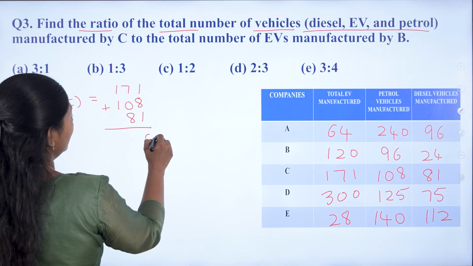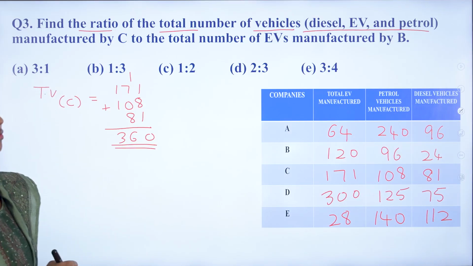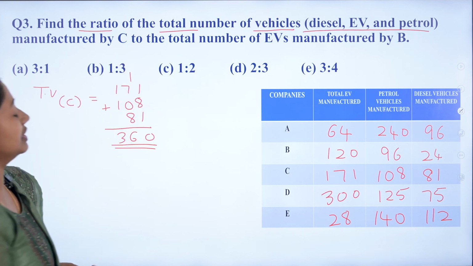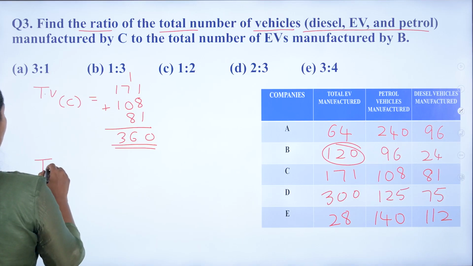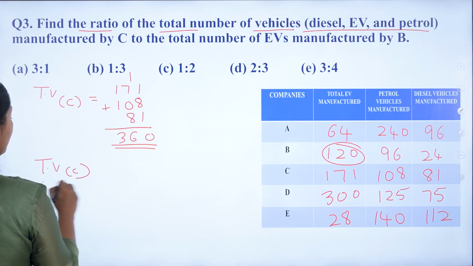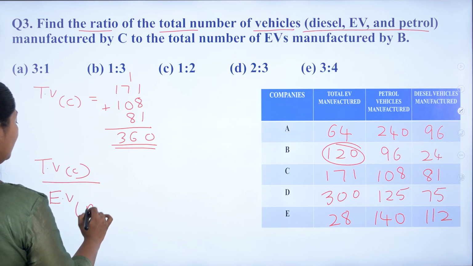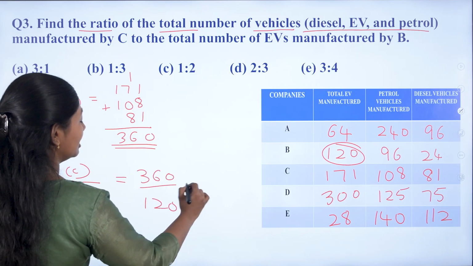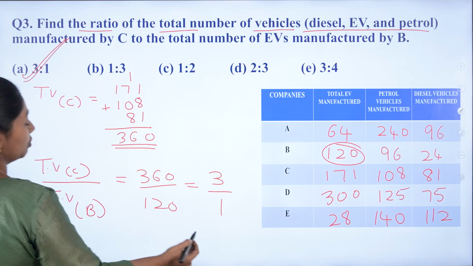If you add, you get 360 as total vehicles manufactured by C. So to the total number of EVs manufactured by B. So EVs manufactured by B is this thing. So total vehicles manufactured by C by total EVs manufactured by B, 360 by 120. That is nothing but 3:1. So option A, 3:1 is your answer.